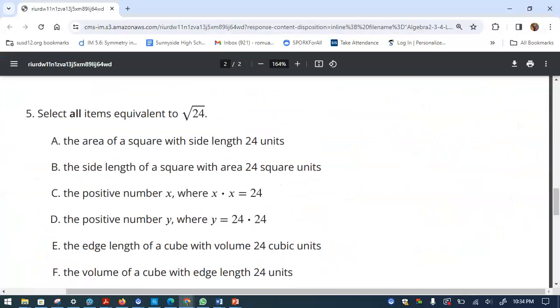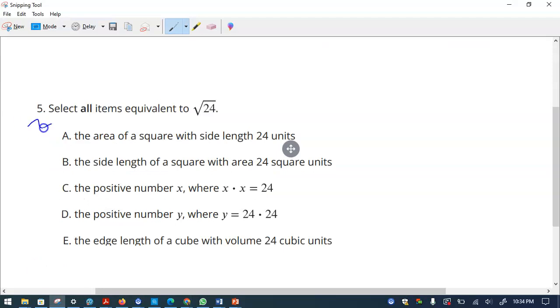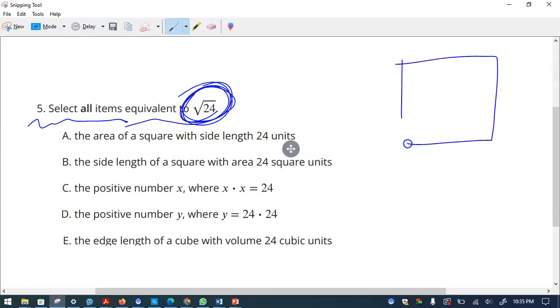Question number: select all the items equivalent to square root of 24. So how did we get this 24? Remember, if we have a square like this, and the side length is a, then the area is a squared.